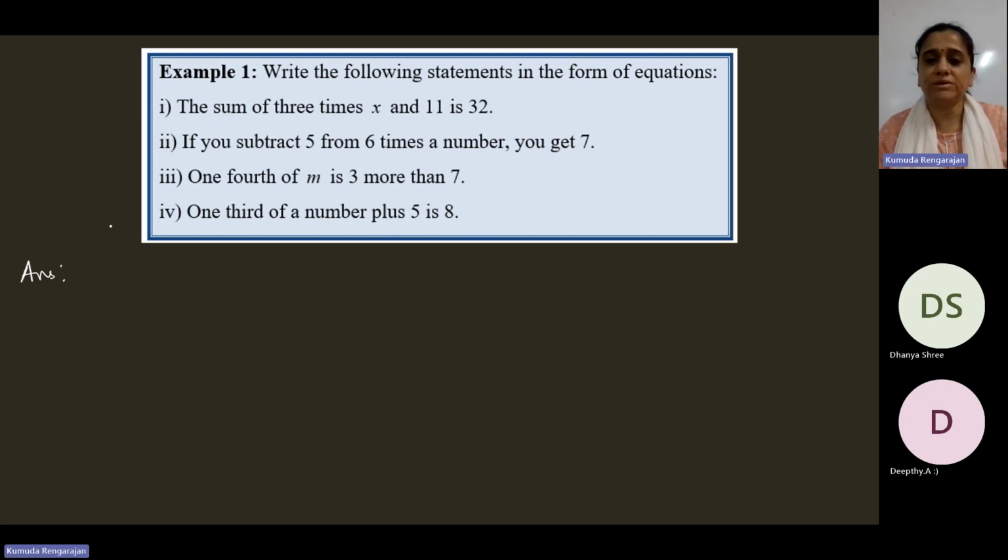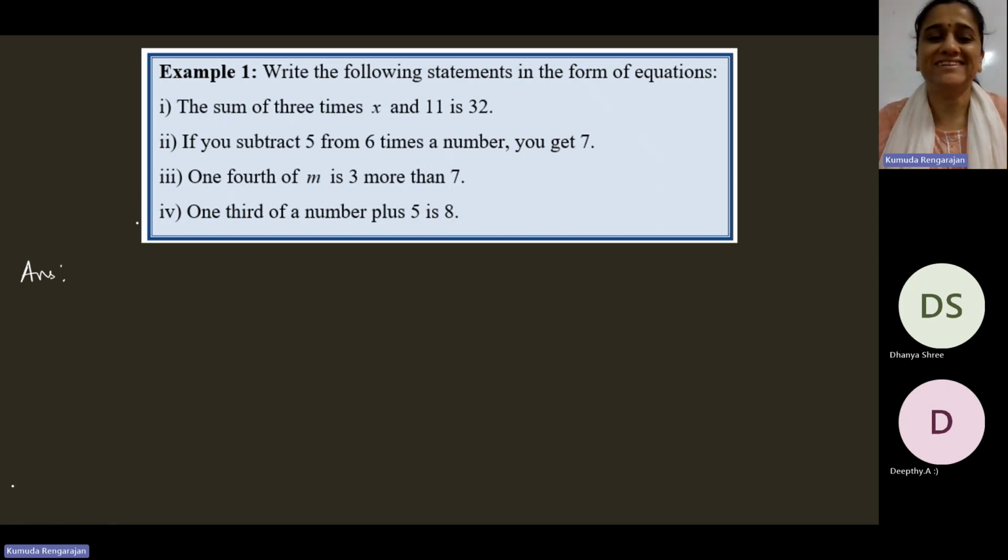Write the following statements in the form of equations. So the statements are in English. You'll have to convert them to mathematical equations. Even though you can do it by yourself, please give me the opportunity to explain.